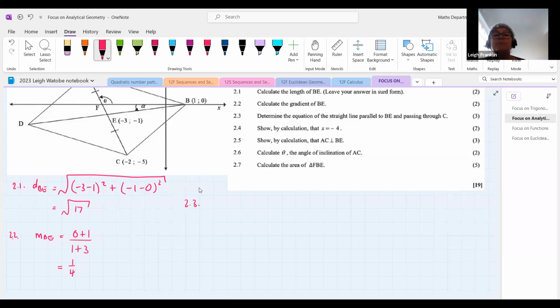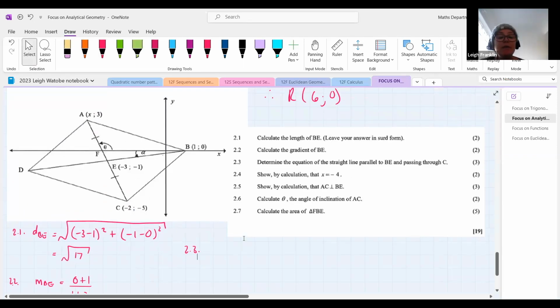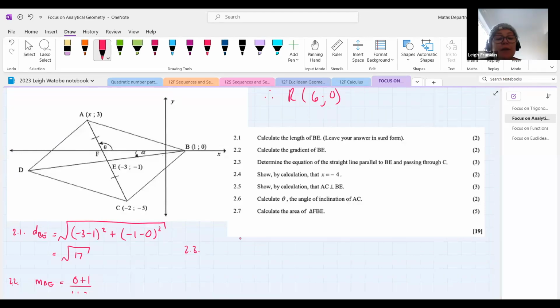2.3, the equation of a line parallel to BE passing through C. So I'm literally scooching right to the end here. We would need to sub in our coordinates at C, which are -2 and -5.